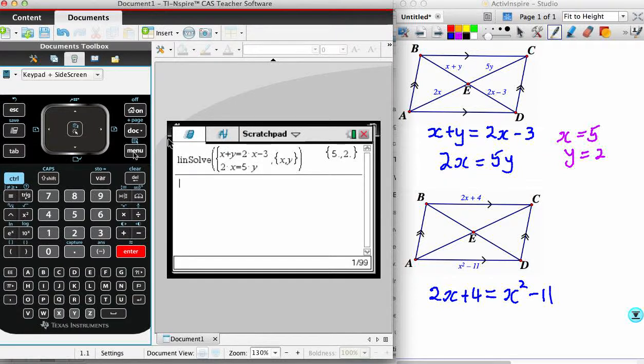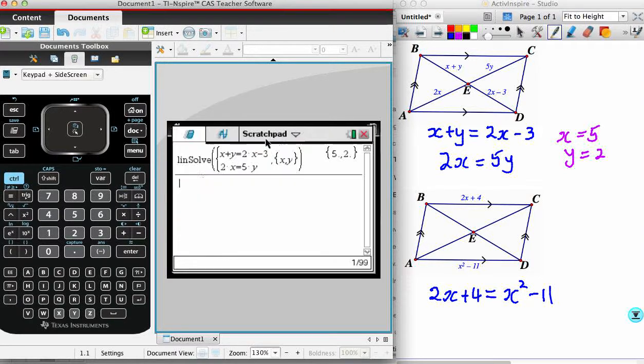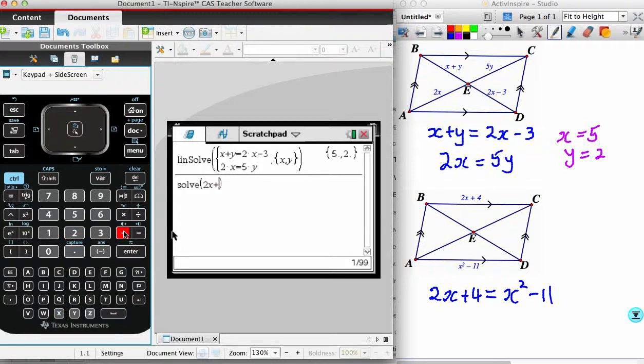Once again, if you're in the scratch pad, that's fine. We'll go to menu, we'll go to algebra, and what I'm interested in this time is the solve function. I'm going to enter the equation 2x plus 4 is equal to x squared minus 11, and what is required in the solve function is that you use the comma and then type in x, so the calculator knows to solve for x because that is the variable in the equation.